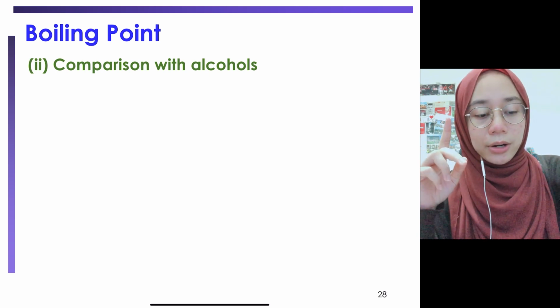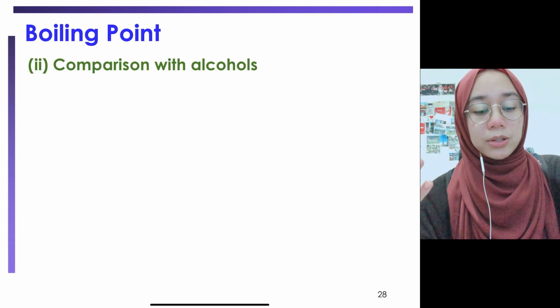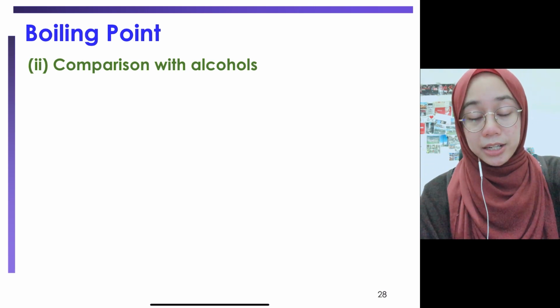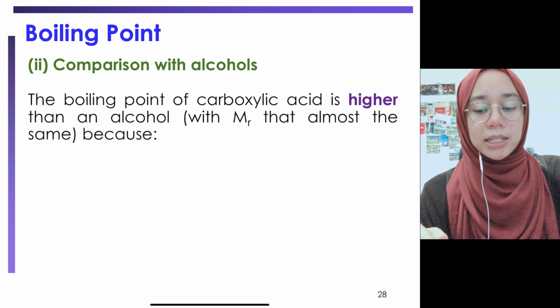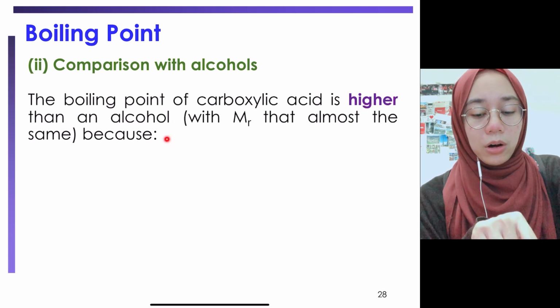What about our carboxylic acid? What are its characteristics? The boiling point of carboxylic acid is higher. You need to know that the boiling point of carboxylic acid is higher compared to alcohol.